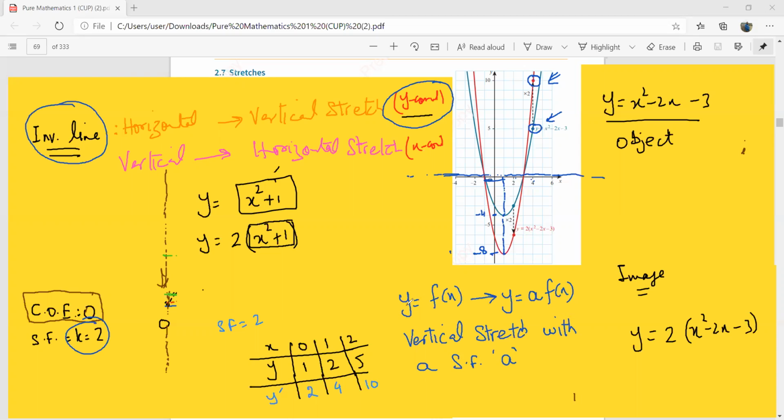If your equation is y equal to f of x, and this becomes y is equal to a times f of x, this is going to represent a vertical stretch. In the next segment, I'll tell you about the horizontal stretch, guys.